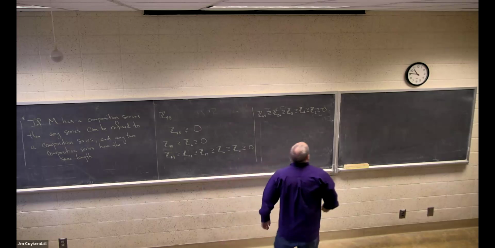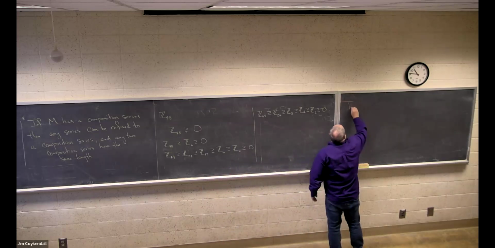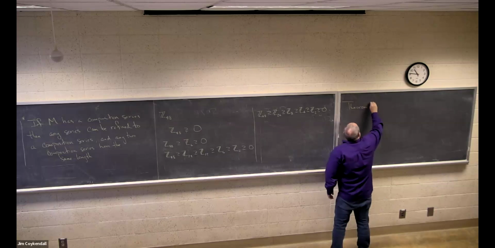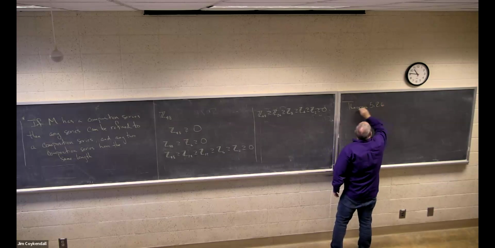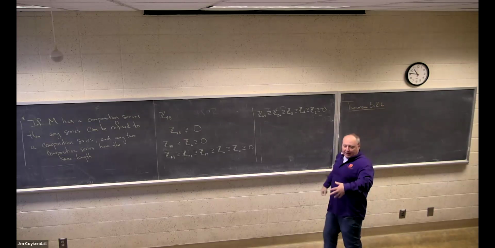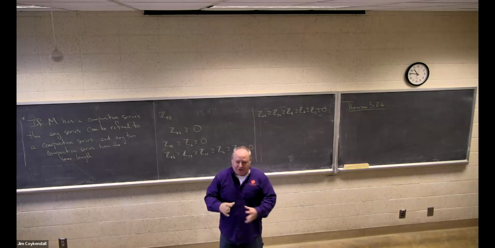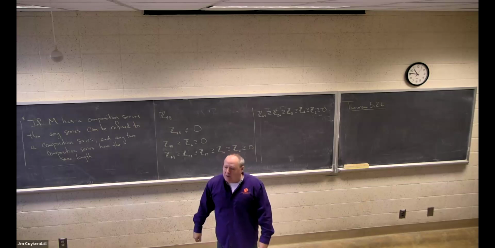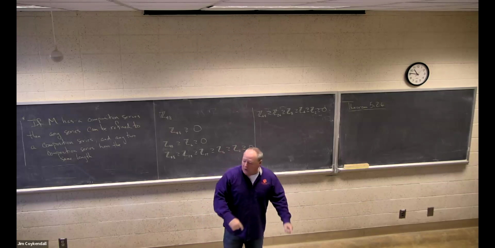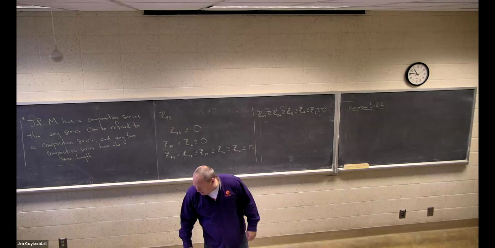Theorem 5.26. It looks like I've gotten off track, but this is some zero dimensional theory that we're doing here, and we're going to need this to deal with the one dimensional Noetherian stuff that we've got coming up.